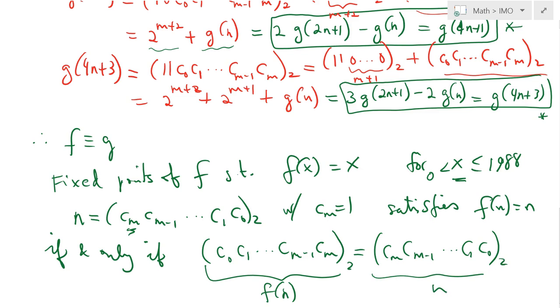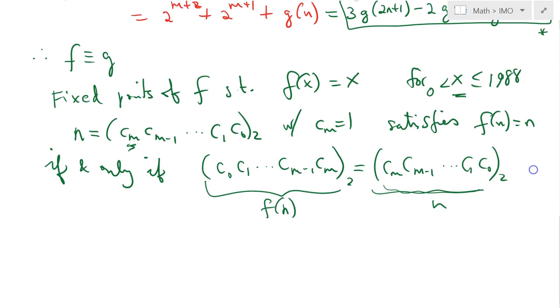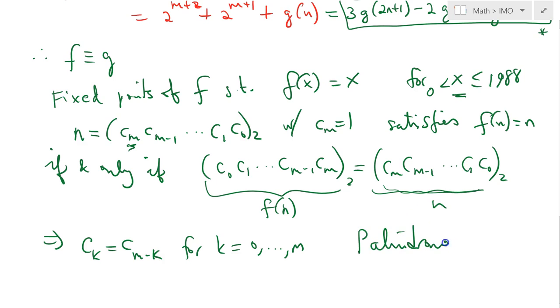So for these two to coincide, it must be the case that the binary expansion of n should be symmetric, going left to right and right to left. So this implies c sub k is equal to c sub m minus k for k from 0 all the way to m, and we usually call such numbers palindromes, as you remember.